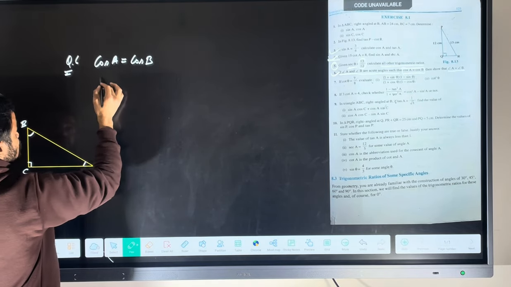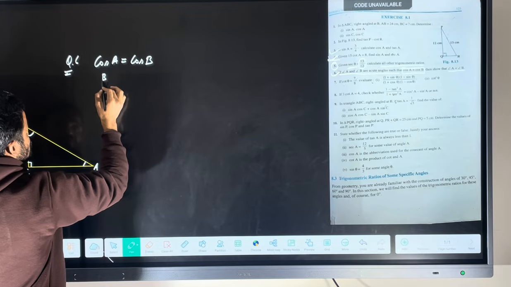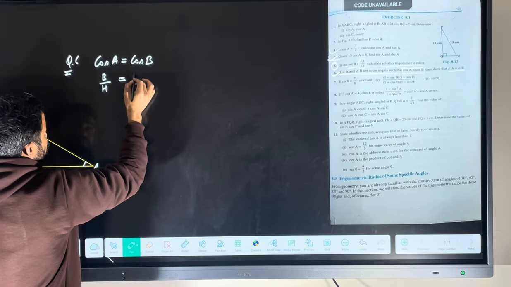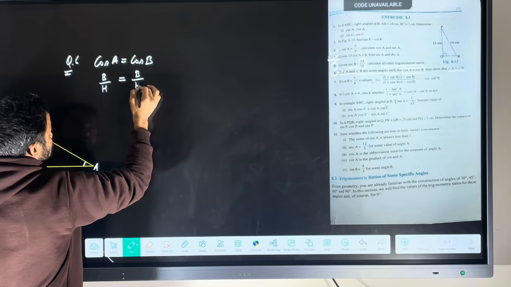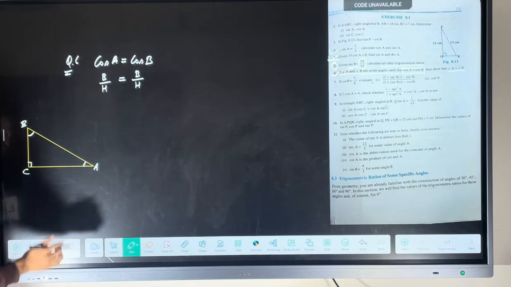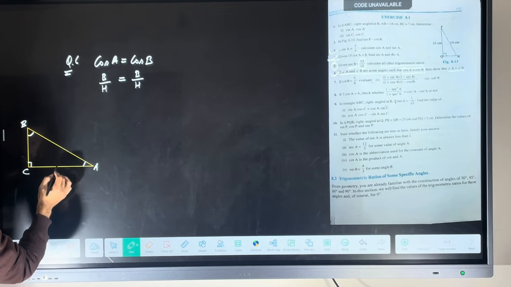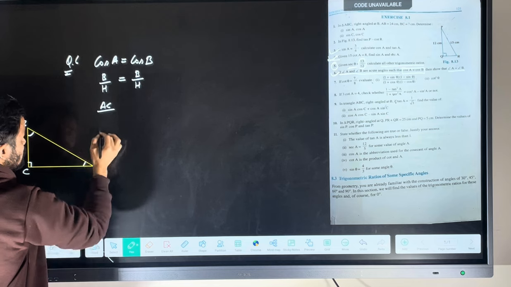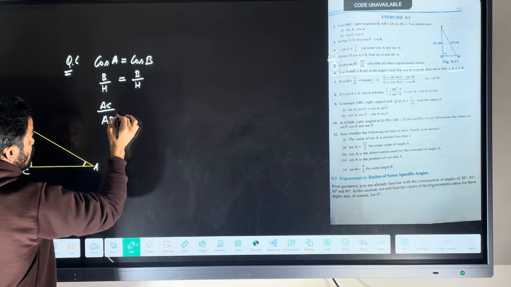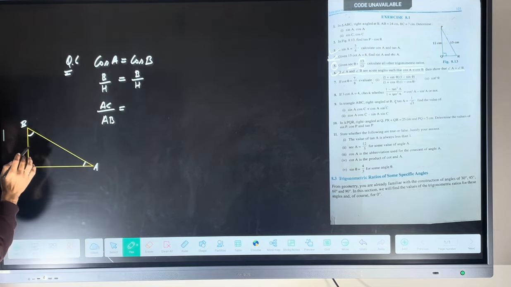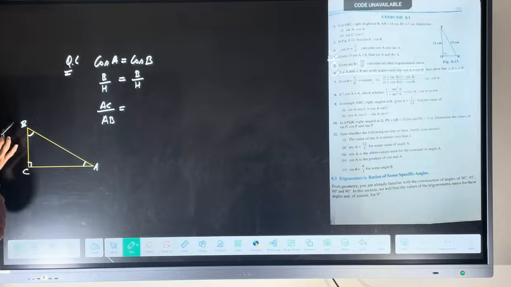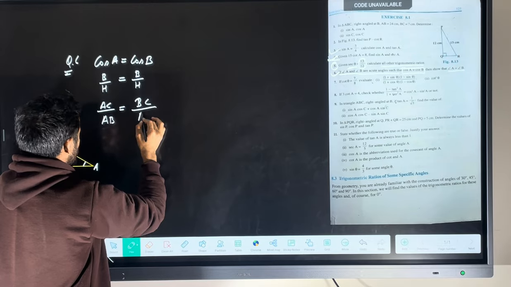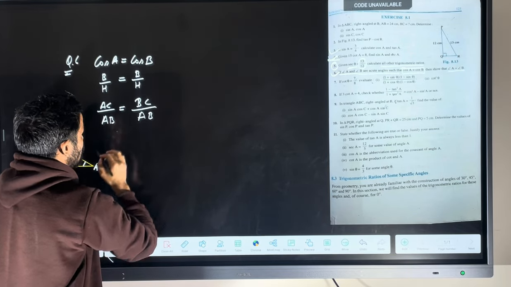What is cos A? Cos A is base upon hypotenuse, and it is also equal to base upon hypotenuse for angle B. For angle A, base is AC and hypotenuse is AB. Similarly, for angle B, base is BC and hypotenuse is again AB.